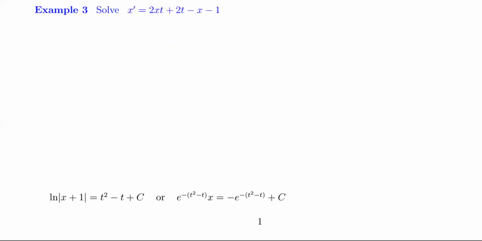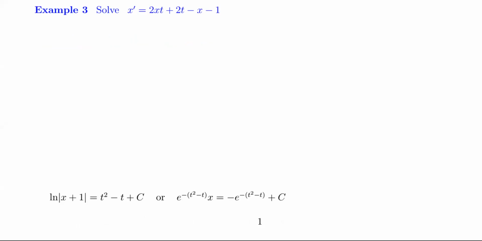In this video, we want to continue on with our examples of solving first-order separable differential equations. So we might recall that this equation, x prime is equal to 2xt plus 2t minus x minus 1 is separable.